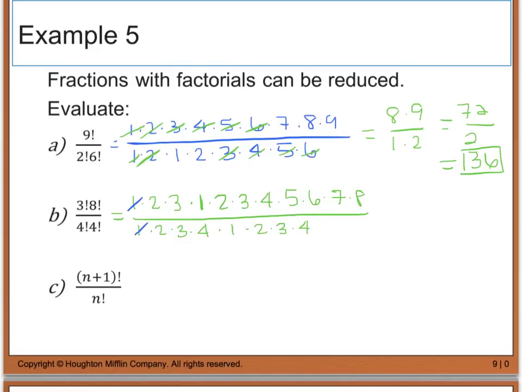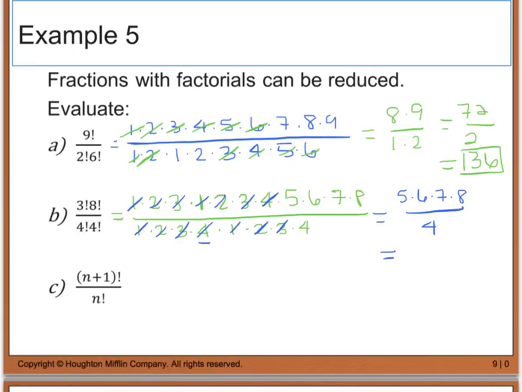My 1's are going to cancel, 2's, 3's. Then I have 1, 2, 3, and I'm going to go back and cross out this 4 here. So what I end up with is 5 times 6 times 7 times 8 divided by 4.